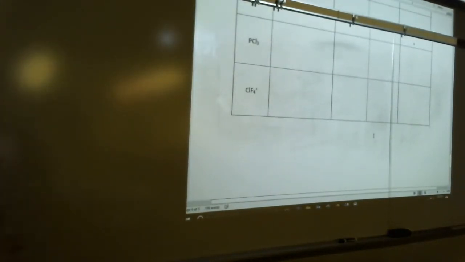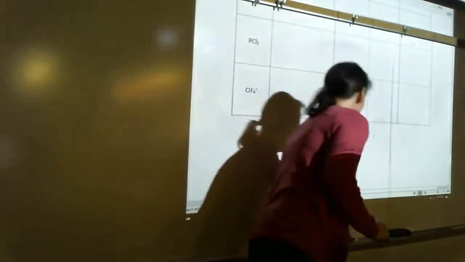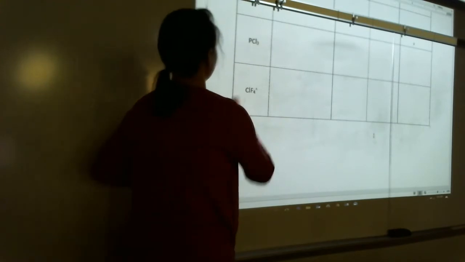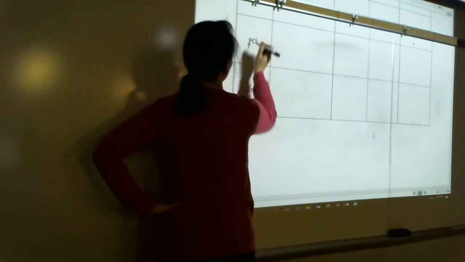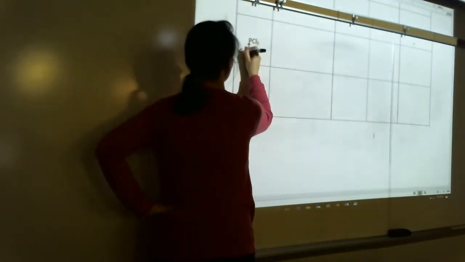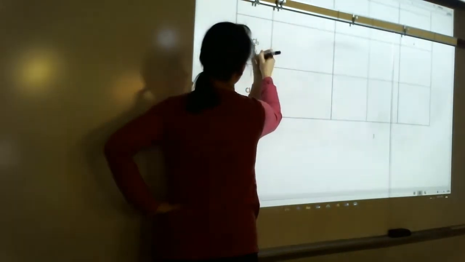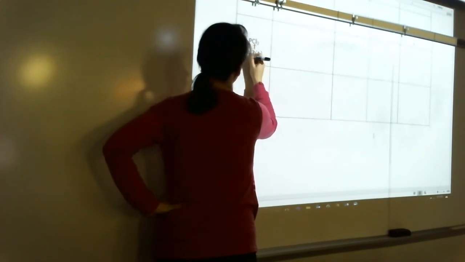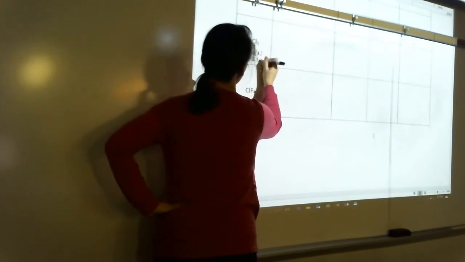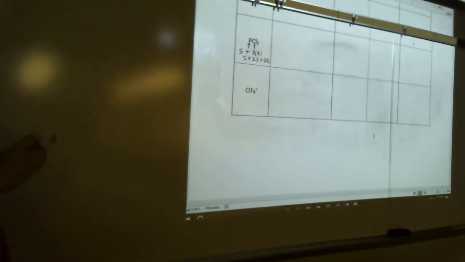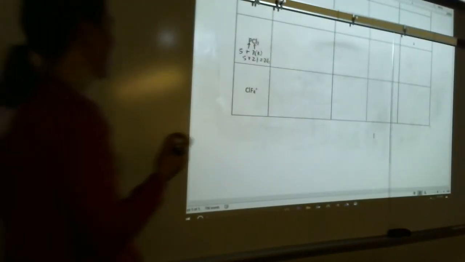All right, let's do PCl3. Phosphorus trichloride. How many does phosphorus have? 5. And how many does chlorine have? 7. So 5 plus 21 would give me 26. Okay, who goes in the middle here? Phosphorus, right? Least electronegative.